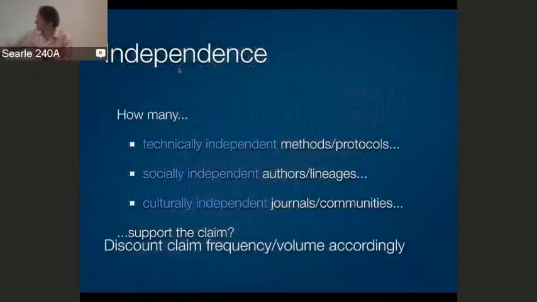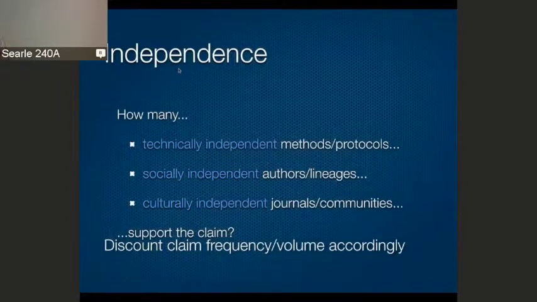And so then you can discount the claim in terms of its frequency and volume accordingly. If it's much less socially independent, if it's basically a single group that's recruited other people over time, if it's basically the same set of conditioning experiments and citations, then you would expect it to be less robust than ones that represent a much stronger support.